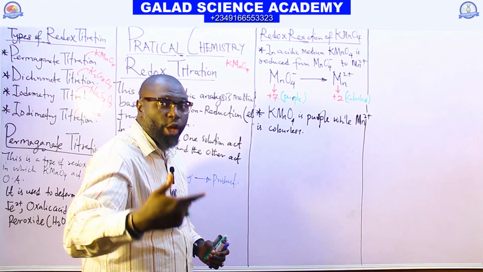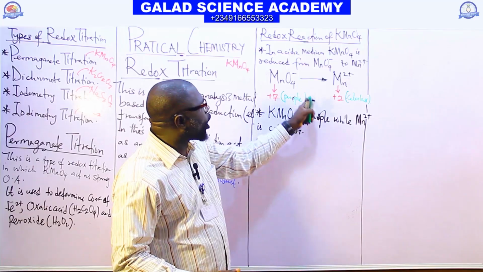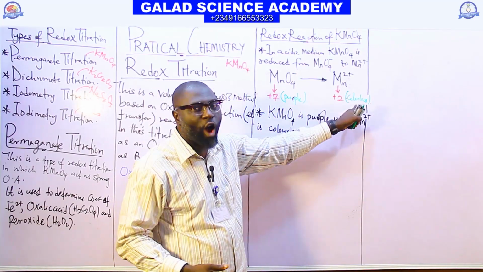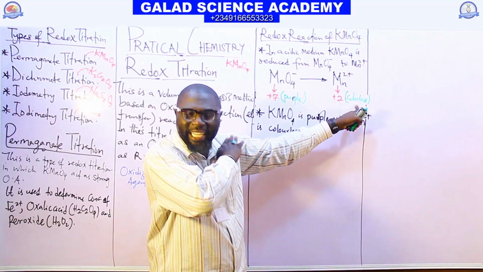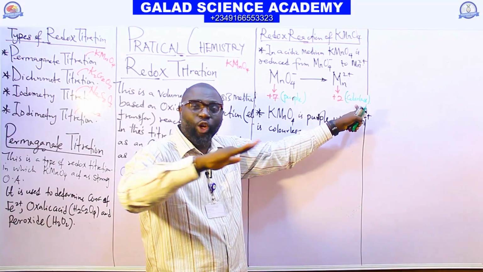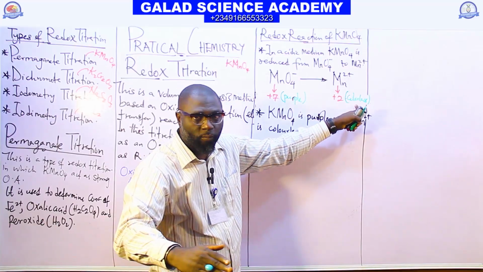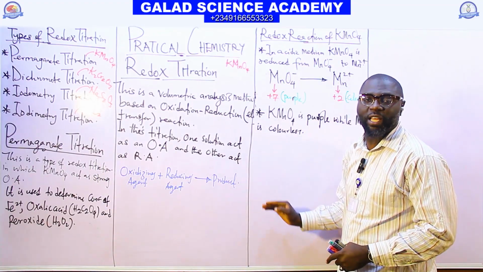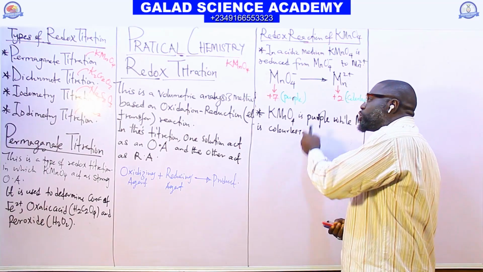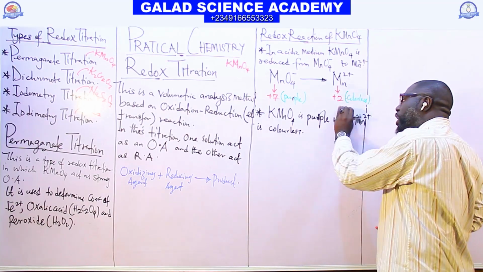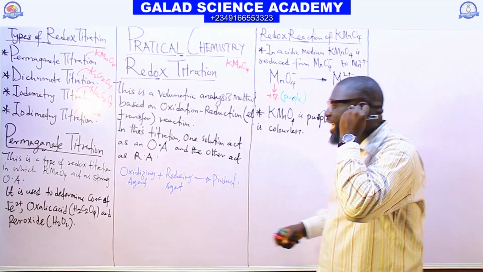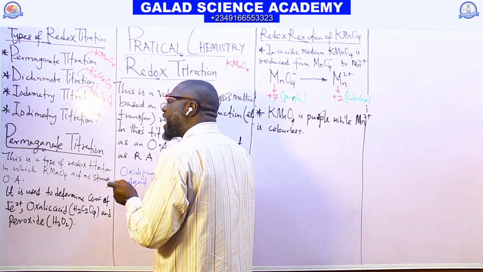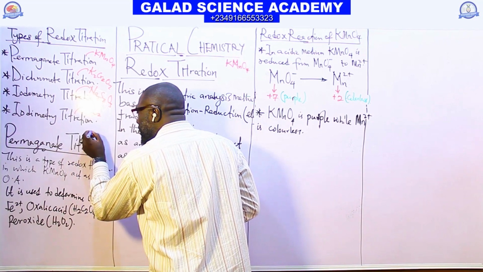At the end point or equivalence point, the purple color of KMnO4 will change to colorless. So for this kind of titration, there is no need to use an indicator, because KMnO4 is colorful itself. When it gets to the end point, it changes to colorless. As a result, in this kind of titration, we commonly use what we call a self-indicator.